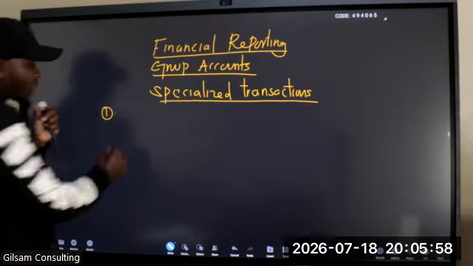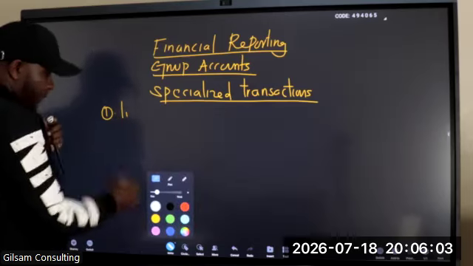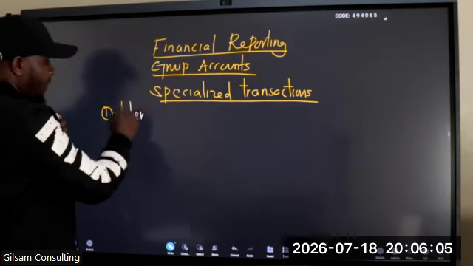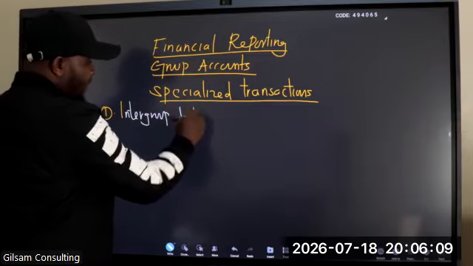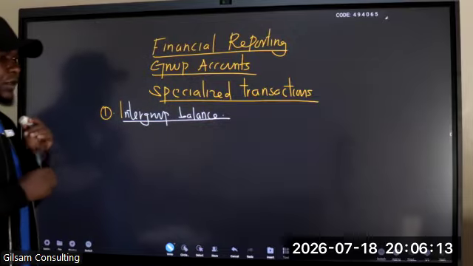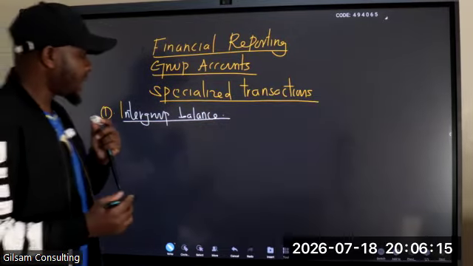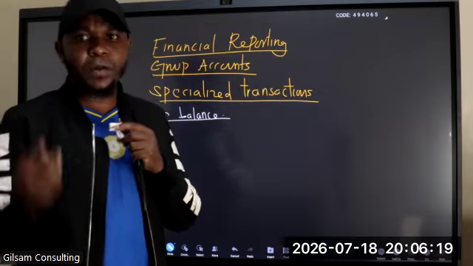balances, or intergroup balance. So when you say intergroup balance, you find that A and B owe each other. So we call it intergroup balance.